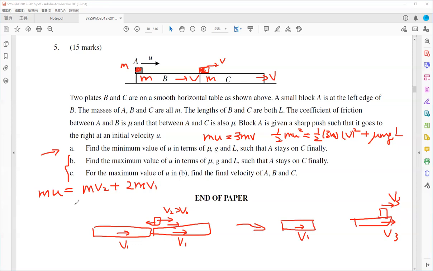And then you can also make use of the energy. Don't forget there's energy loss due to friction.